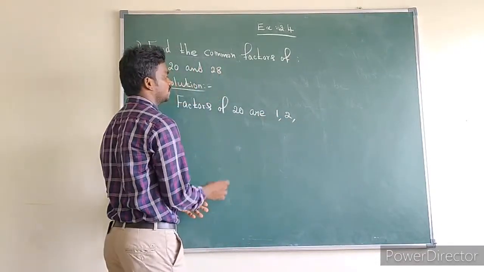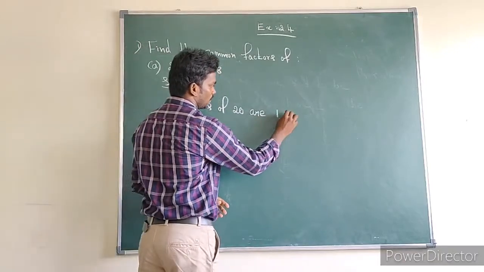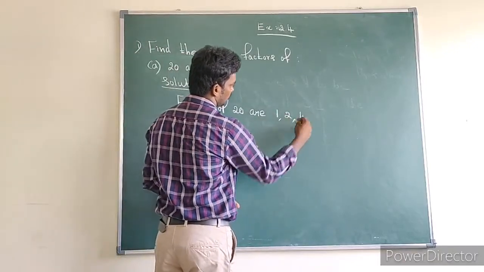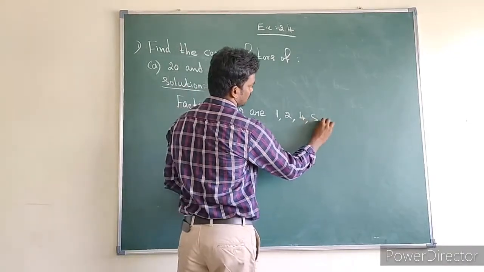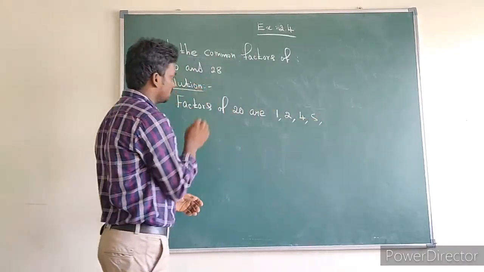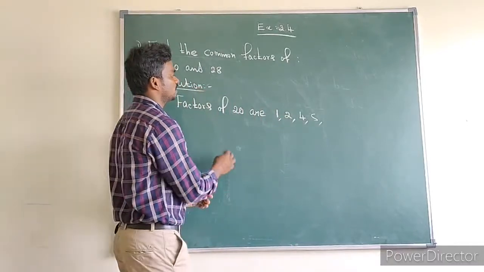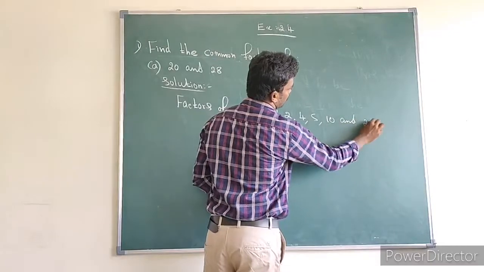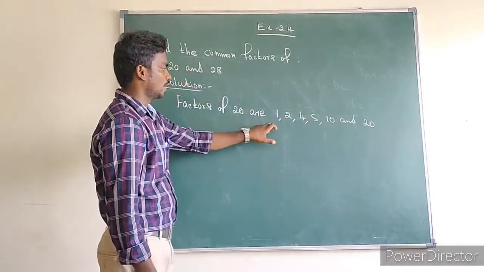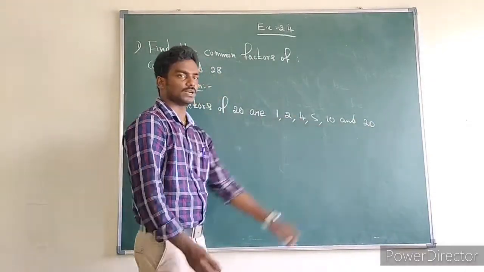Which other numbers divide 20? So 1, 2, 4. 3 does not divide 20, 6 does not divide 20, 7 also does not divide 20. What is the next number? 10 and 20. So, the factors of 20 are 1, 2, 4, 5, 10 and 20.